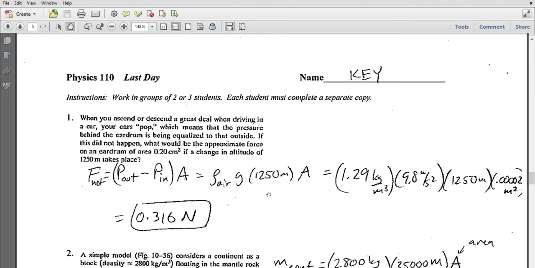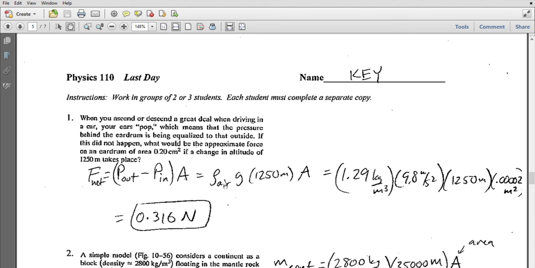But in this case it is over a distance of 1,250 meters. The density of air doesn't change that much. It changes a lot if you go much higher, towards the top of the atmosphere, where the density would get a lot different. But over this elevation change, the density of air is approximately constant.